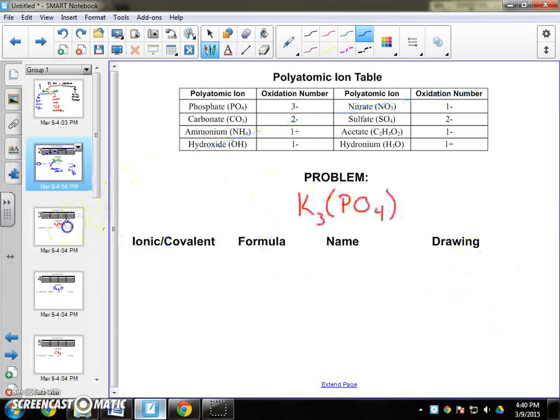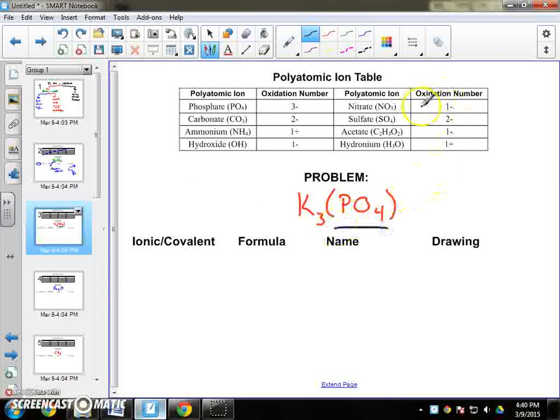All right. Our second set, we've got K3PO4. Looking at this whole thing right away, my first thought should be that PO4 looks like one of these polyatomics up here, specifically phosphate. We know it's got a -3 charge, and that'll come into play. So I would call this a polyatomic.